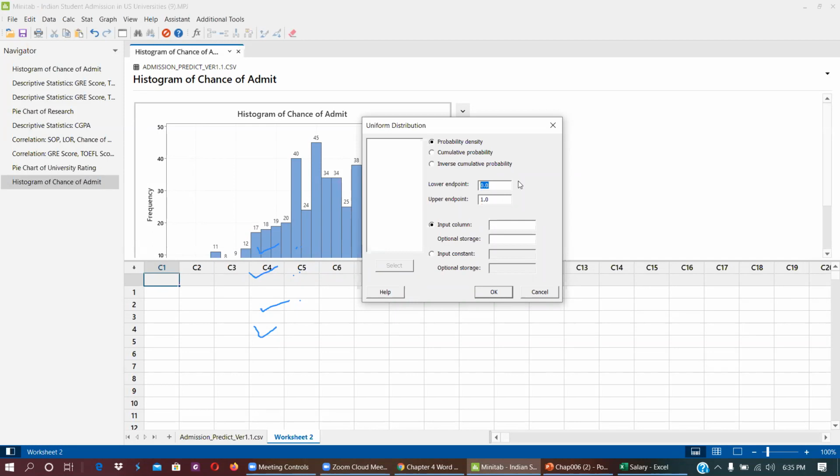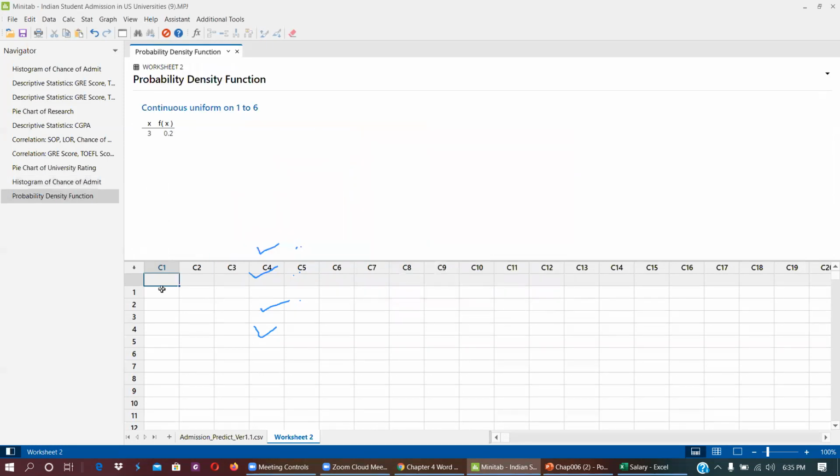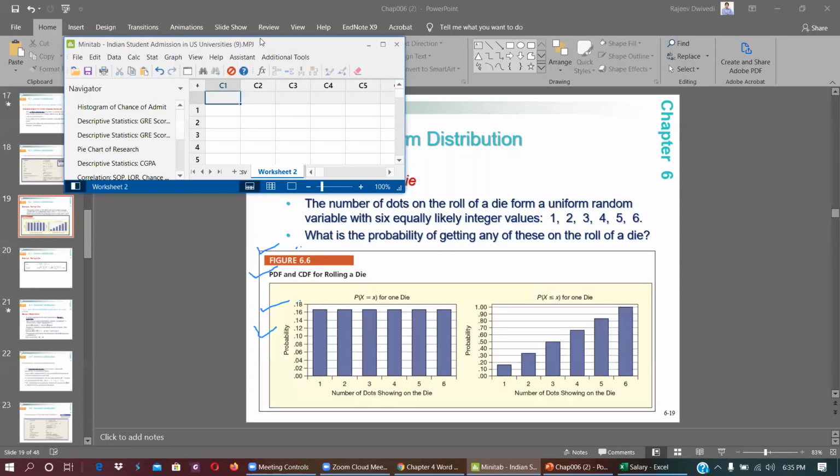What is the lower point? 1. The upper limit is 6. Here you can have an input constant, for example the probability of 3, which is 0.2. So don't worry, the uniform distribution is not that important.